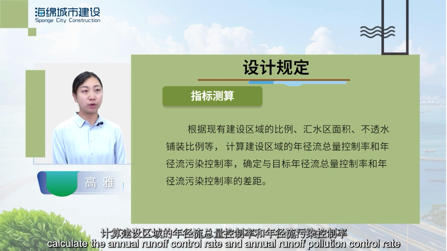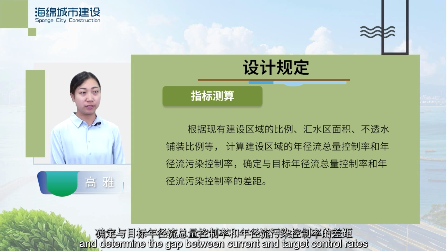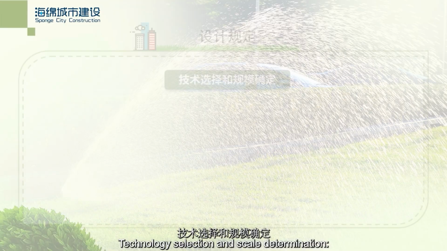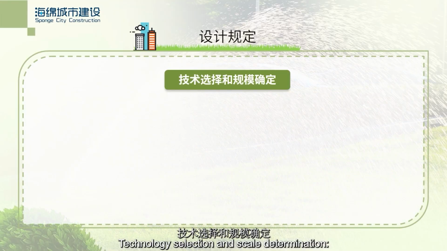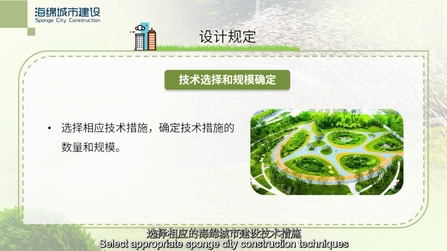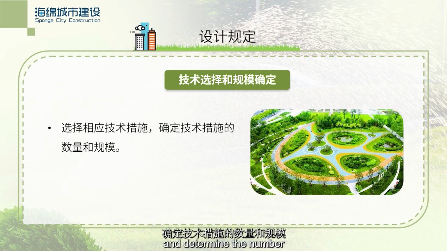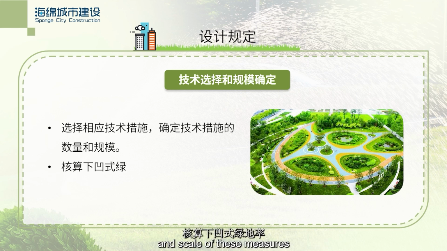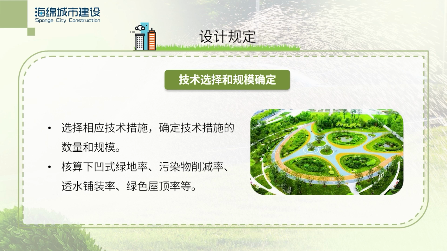Calculate the annual runoff control rate and annual runoff pollution control rate, and determine the gap between current and target control rates. Technology selection and scale determination. Select appropriate sponge city construction techniques, and determine the number and scale of these measures. Calculate the rates of depressed green spaces, pollutant reduction, permeable paving, and green roofs.